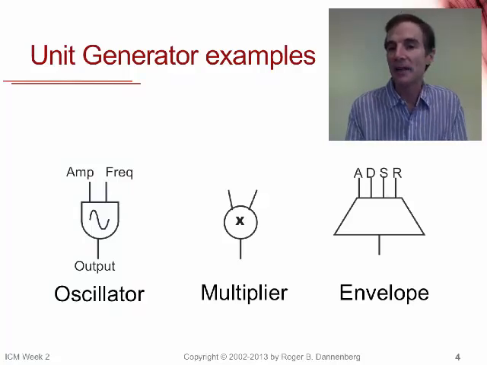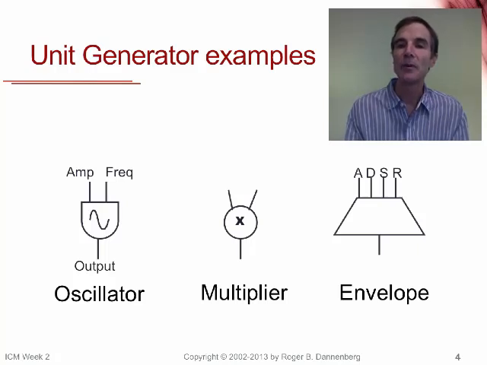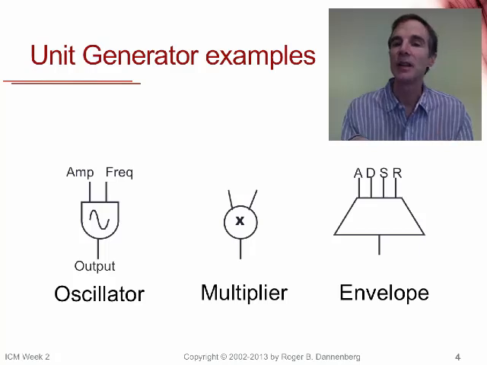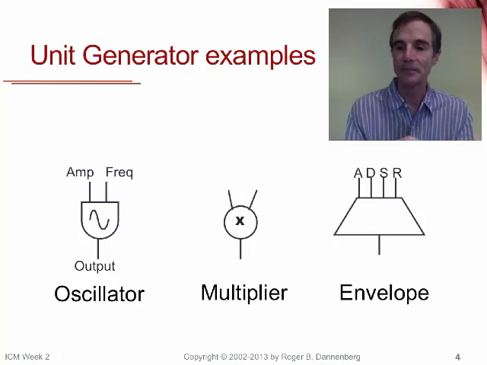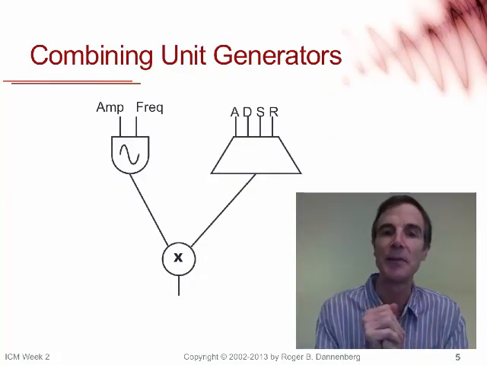The multiplier takes two sounds as input and outputs the product of those sounds, sample by sample. And the envelope unit generator has a number of parameters that control the shape of a contour, and it outputs that contour. These are just typical examples.